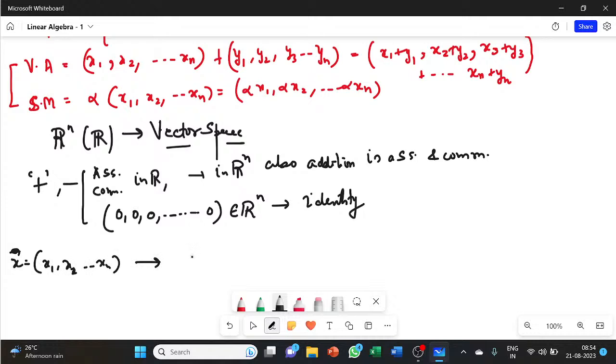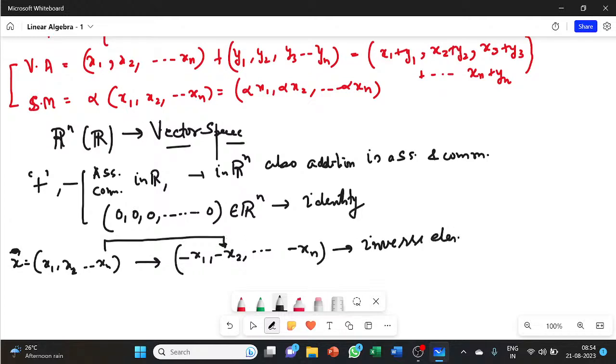Corresponding to it there would be an inverse element minus x1, minus x2, dash dash dash minus xn. For this particular element there is an existence of an inverse element. Why is it called an inverse element? If I add this particular element to this, I will get an identity.